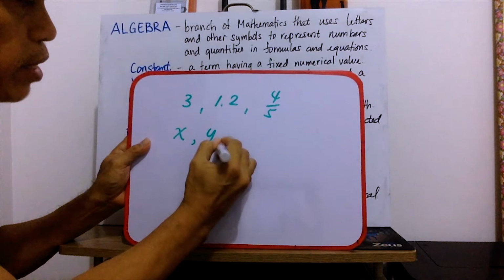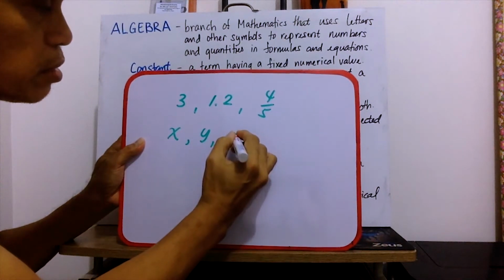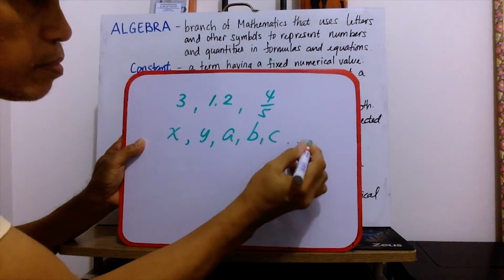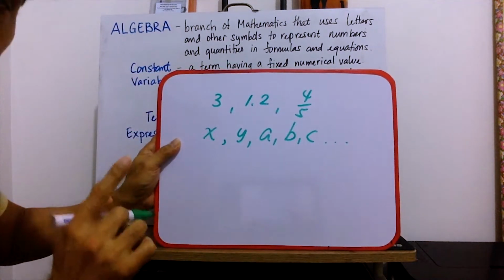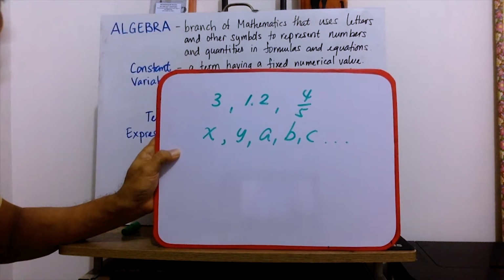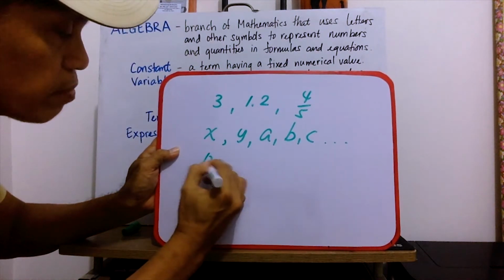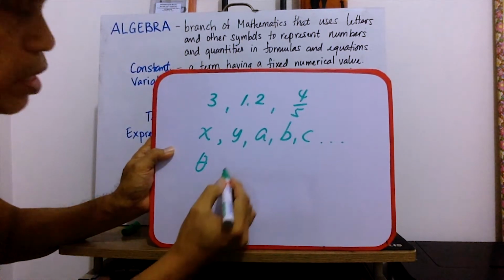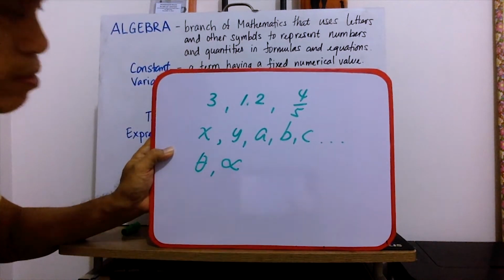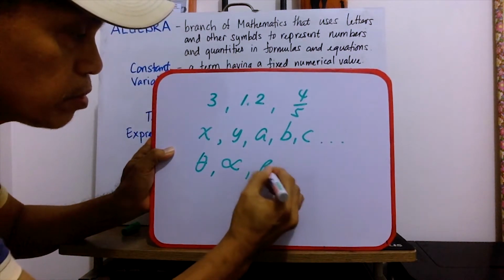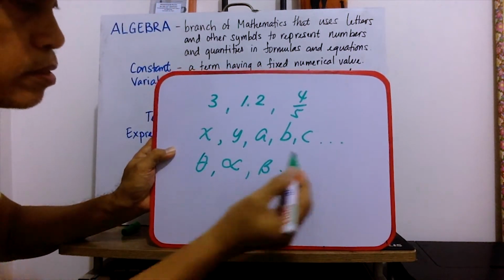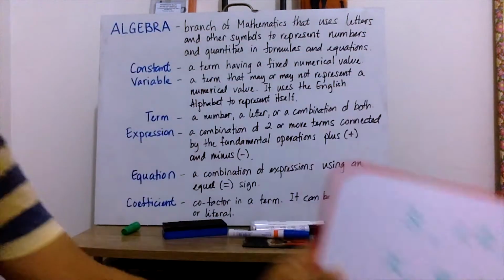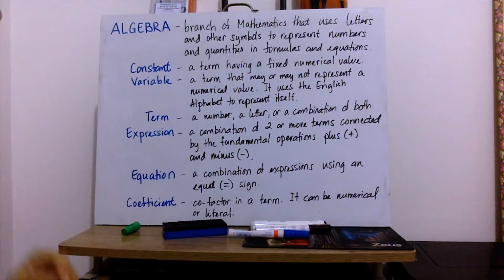X, Y, and some familiar alphabets like A, B, C. Sometimes it uses Greek letters like theta. Theta represents angles. What else? Alpha, beta, and so on. Those are what we call variables. They may or may not represent values.